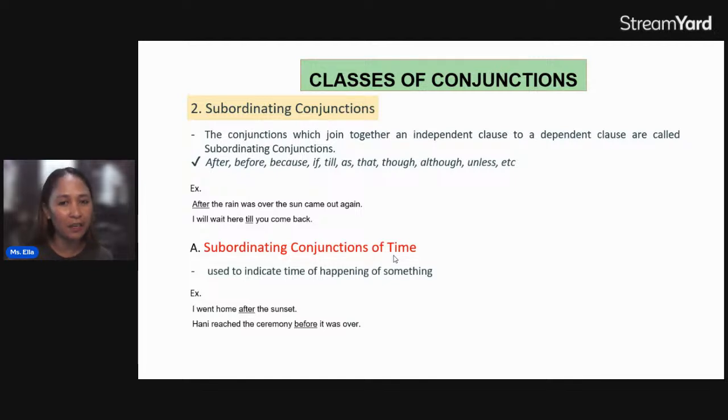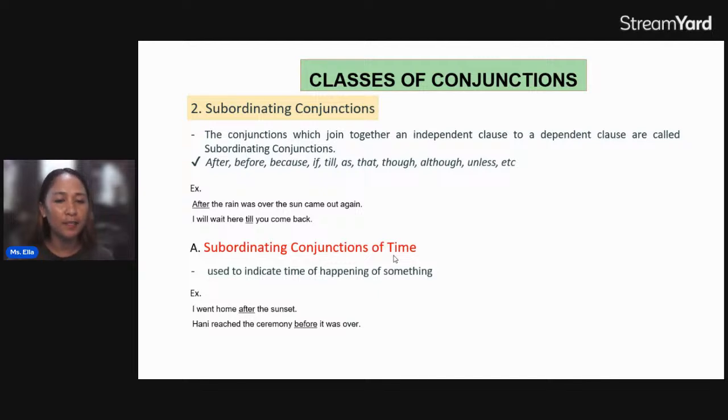So we have here one independent clause joined to a dependent clause. "I went home" is our independent clause, and "after the sunset" is our dependent clause. So we join them together, we create a subordinating conjunction of time.